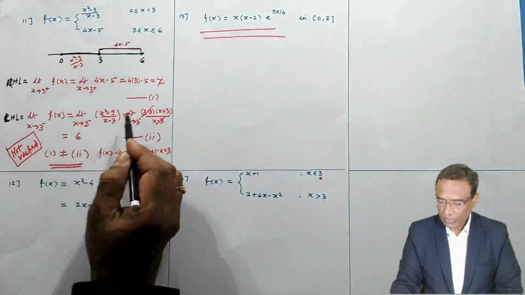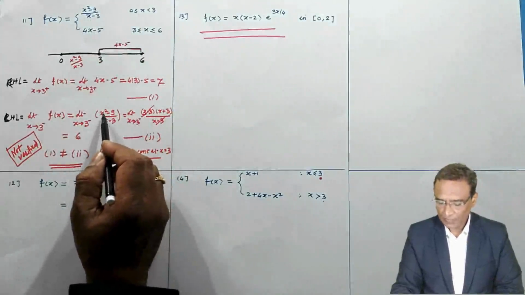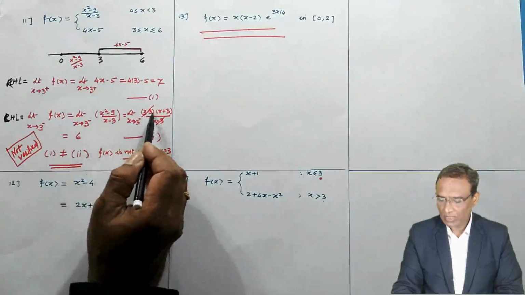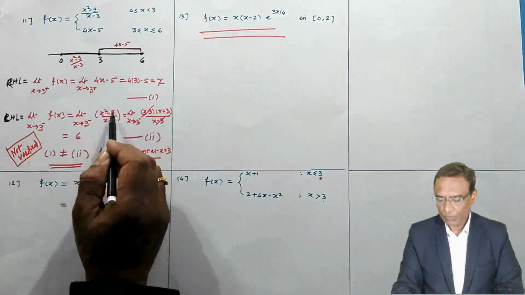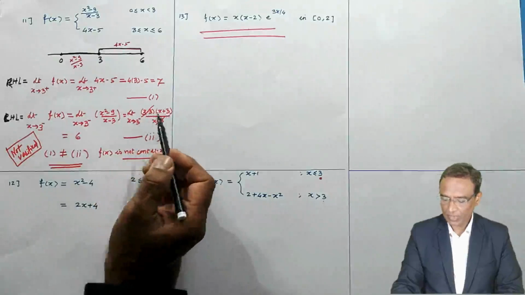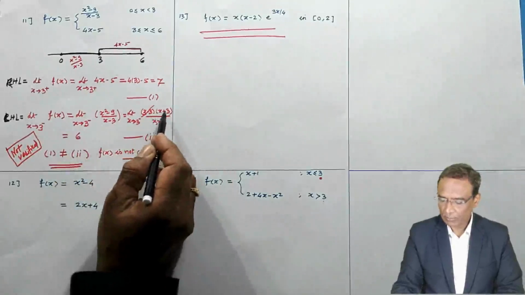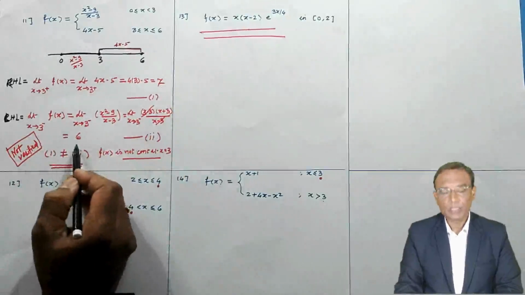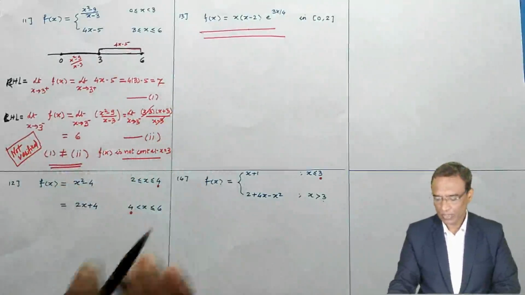Before putting x equal to 3, I have factorized this: x square minus 3 square is x minus 3 and x plus 3, a square minus b square formula. And x minus 3 gets cancelled. Now put x equal to 3. 3 plus 3 is 6. Right hand limit is 7. Left hand limit is 6. These two are not the same. Therefore, the function is not continuous at x equal to 3.